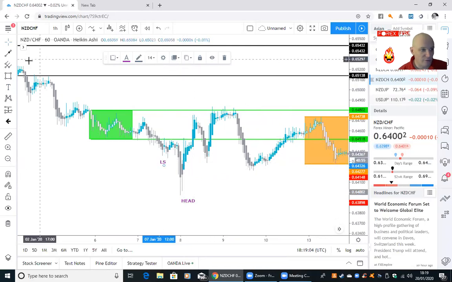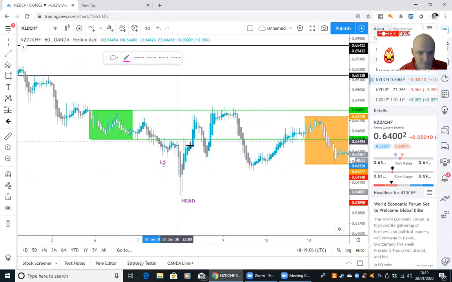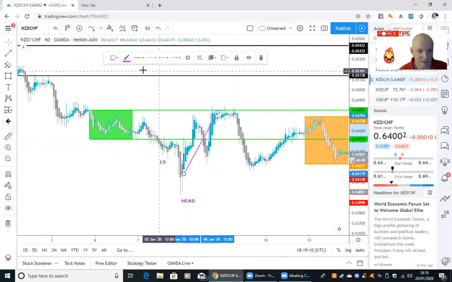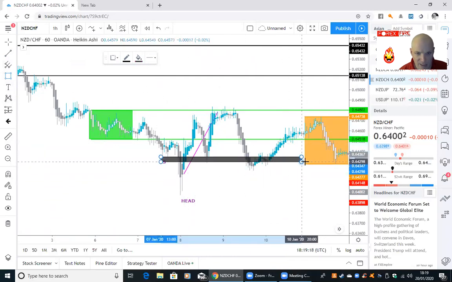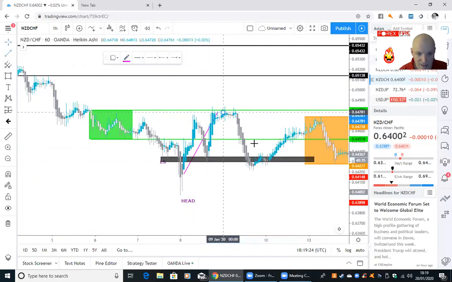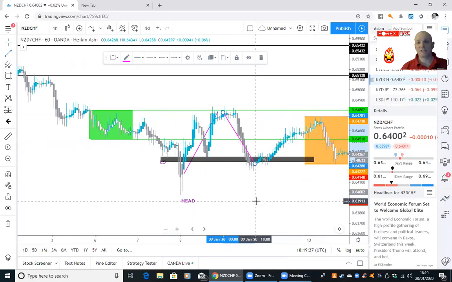Did we get a full retracement of that Monday? Yes, we did, okay. From there, what we are waiting for is an area back down to here, okay. Did we get a retracement back down to mirror? Because as you know, we've got a head, right shoulder, left shoulder.